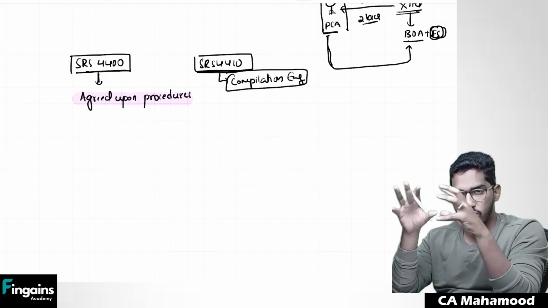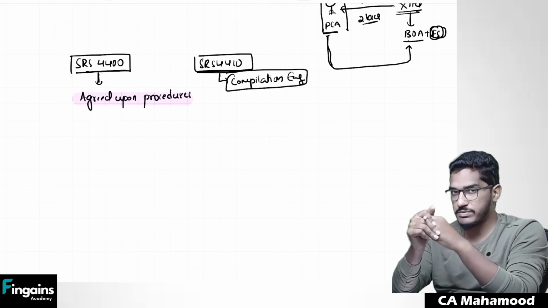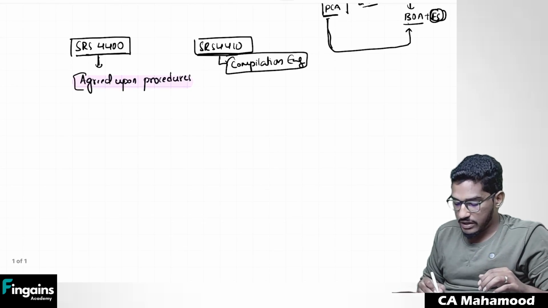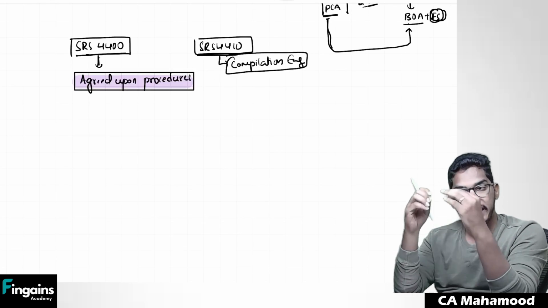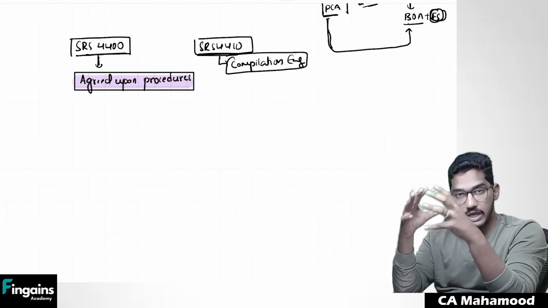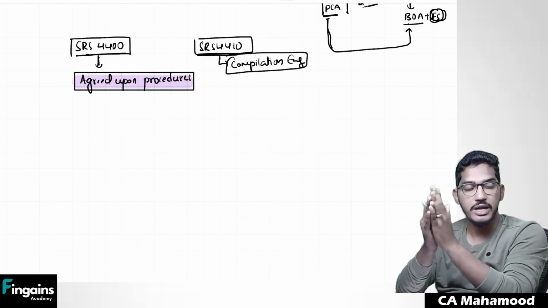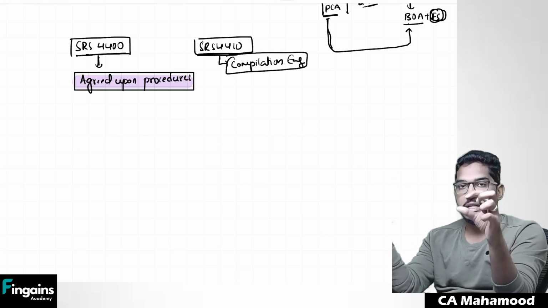If we understand the exact meaning of agreed upon procedures, then understanding of the standard becomes very easy. If you look at the term literally, in an agreed upon procedures engagement, we agree with the client regarding some procedures which we are required to perform, and we perform only those procedures. The name itself says agreed upon procedures.